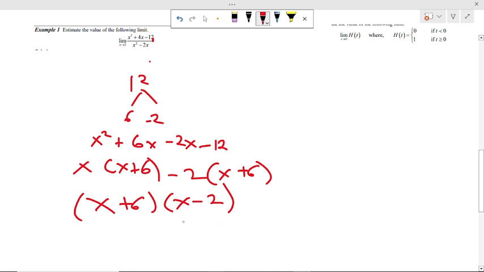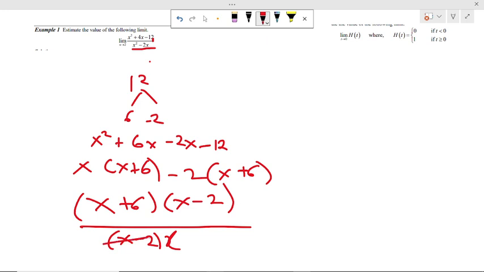So that's divided by x minus 2x. I just factorized x out from this expression.